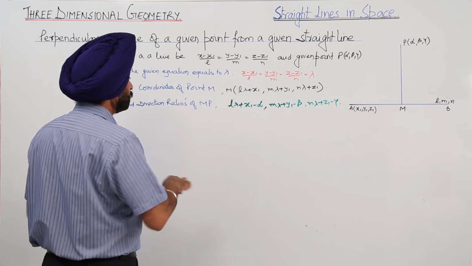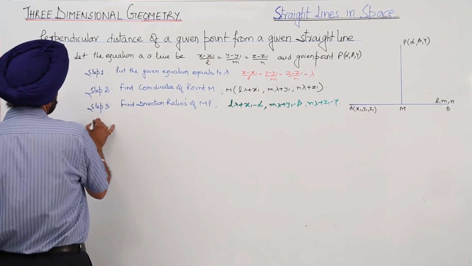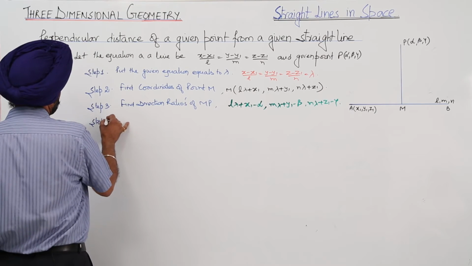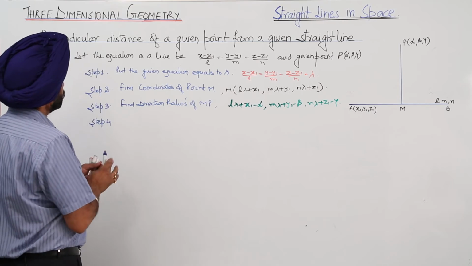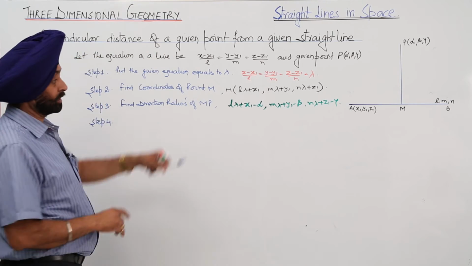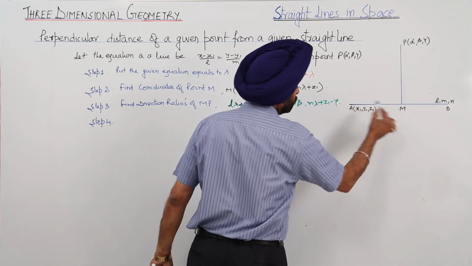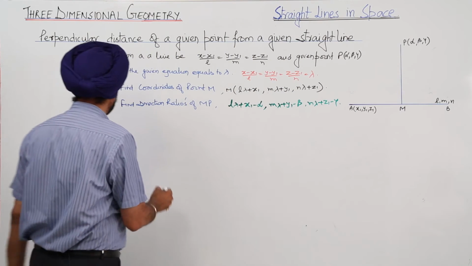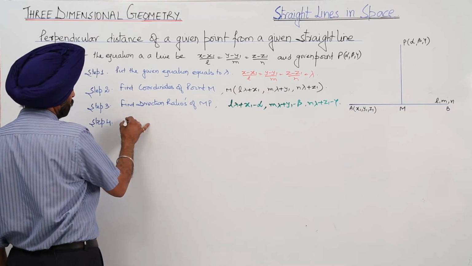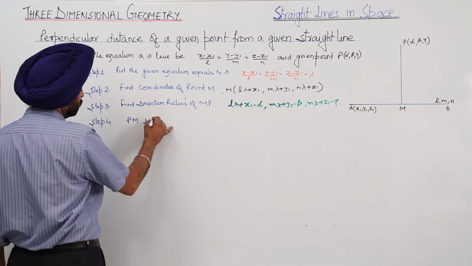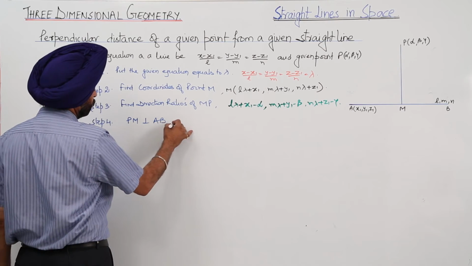Now, step number 4. It is already mentioned that we are going to find the perpendicular distance, and PM is perpendicular to AB.